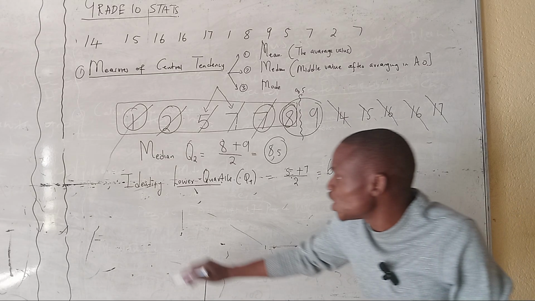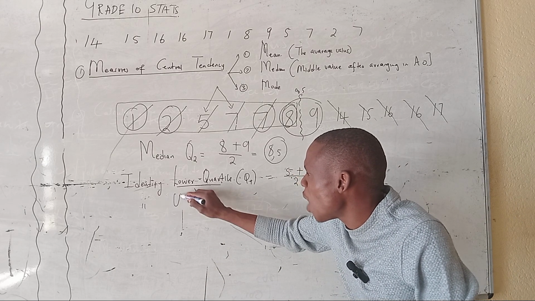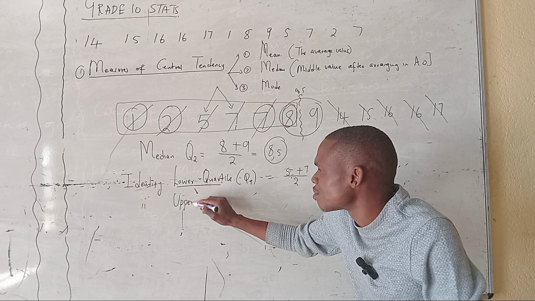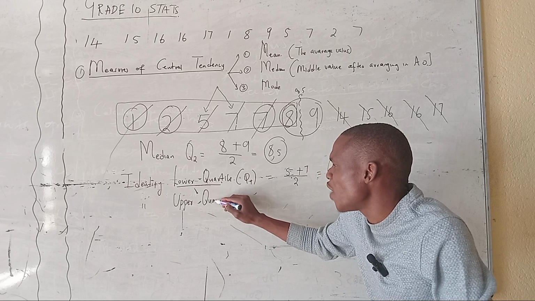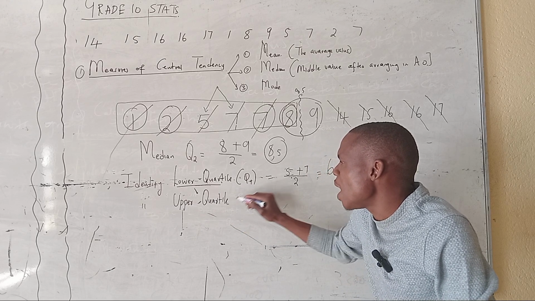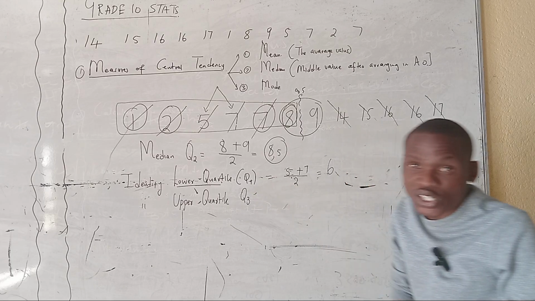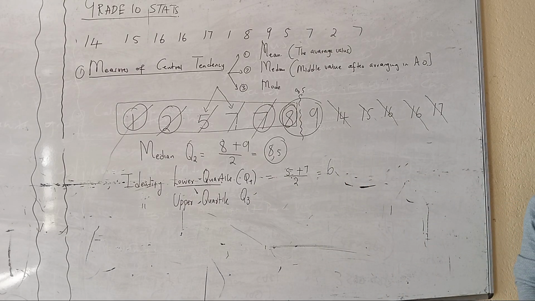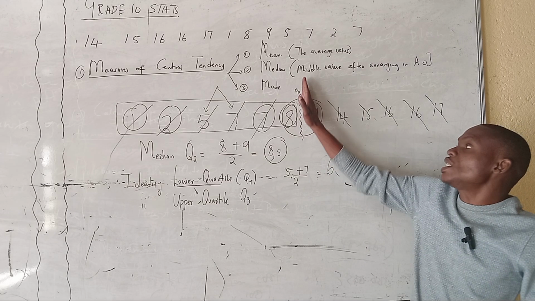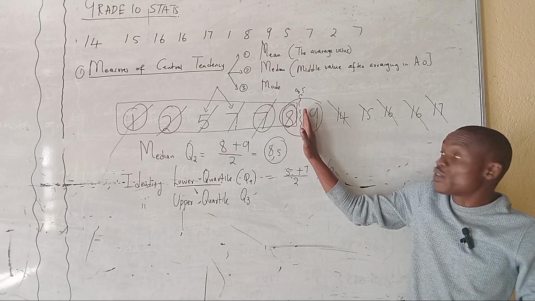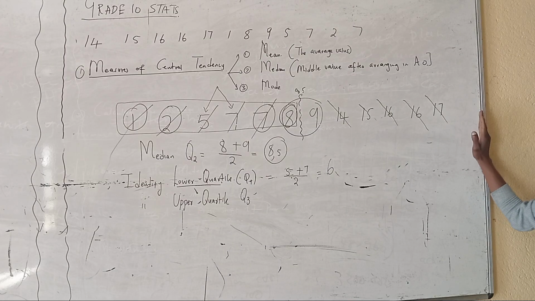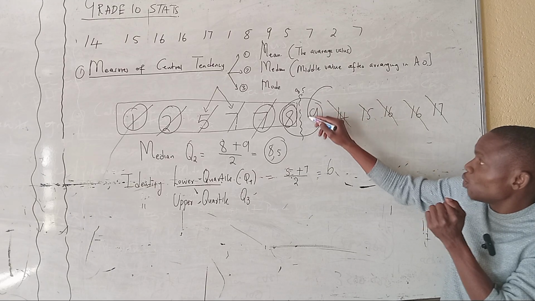Now let us identify our upper quartile, which is Q3. When you are looking for the upper quartile, you leave the median, which is 8.5, you go to the right side. This is where you find your upper quartile. So you're going to look at this side.